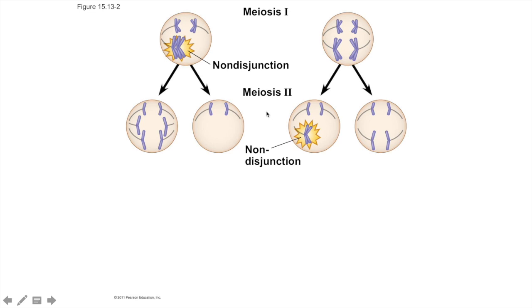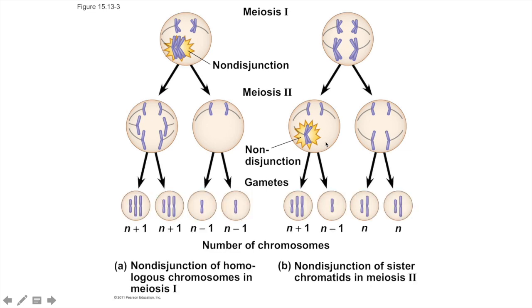Non-disjunction can also occur during meiosis 2. So here on the right side, meiosis 1 happened normally, and in meiosis 2, the sister chromatids didn't separate properly. So you end up with some number of gametes that have too many or too few chromosomes, and then maybe you have 2 normal chromosome number gametes in this case. So it can happen in meiosis 1 or meiosis 2.